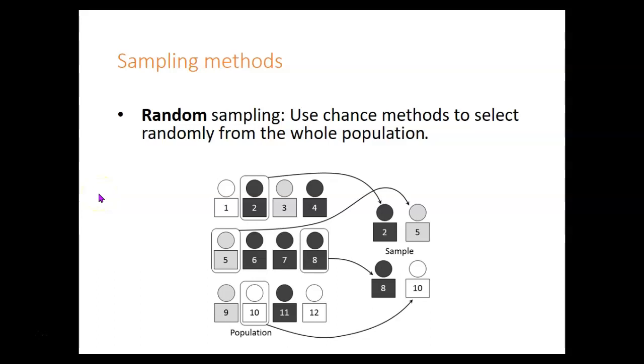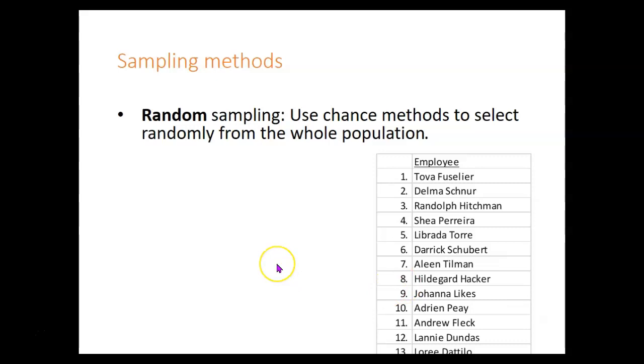So let's say maybe you're in charge of a fairly large company and you'd like to survey your employees, but you don't want to have to include every single employee. You just want to get a sample. So if you have a master list of all your employees, there's ways of asking a computer to randomly select names off of a list.